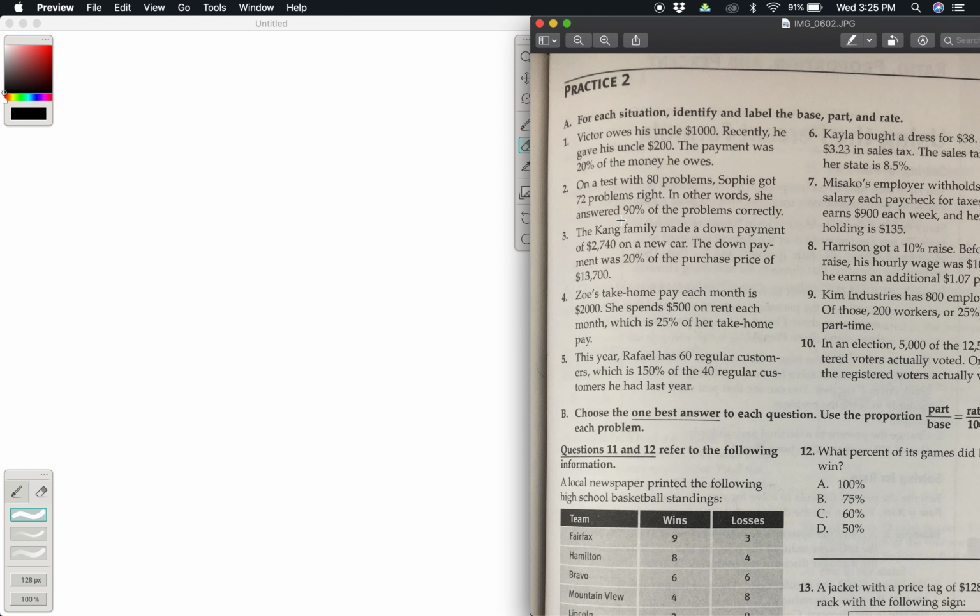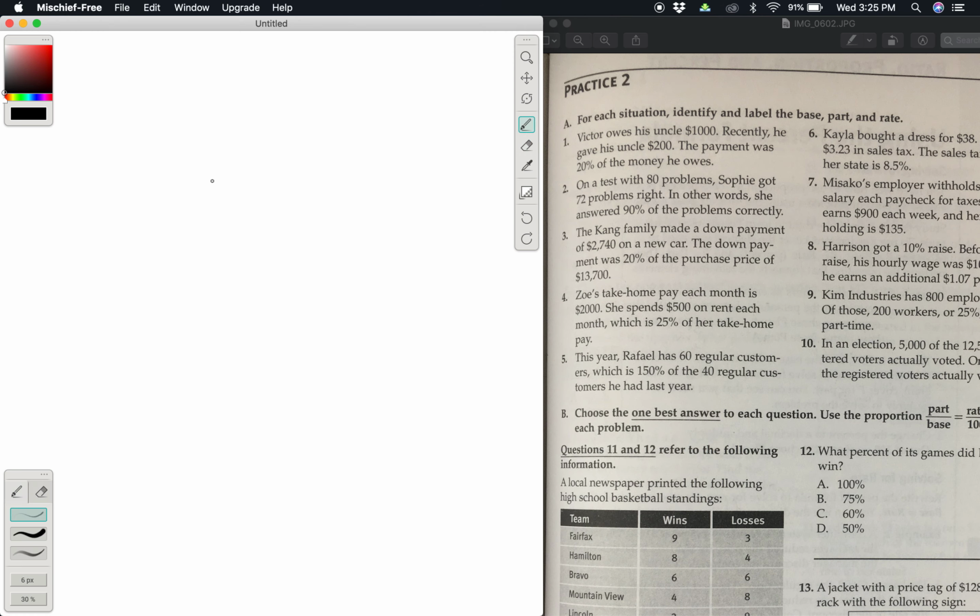Okay, now number 3. The Kang family made a down payment of $2,740 on a new car. The down payment was 20% of the purchase price of $13,700. Okay, so 13,700 is the base, because that's the total amount.